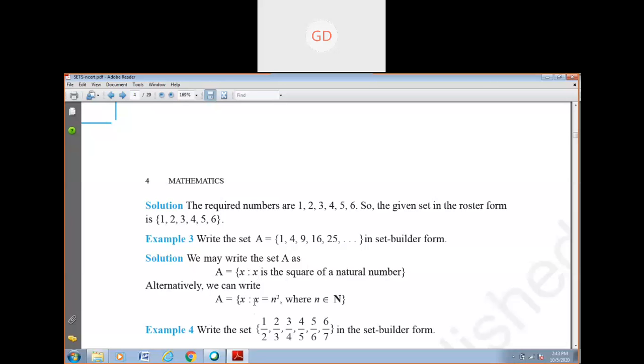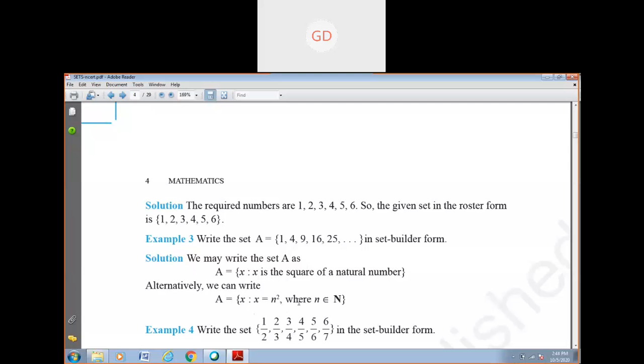X such that, instead of writing this statement literally, we can write it in this manner. X such that, what is x? This x is equal to n square. Now what is n? n is a natural number, so n belongs to N.